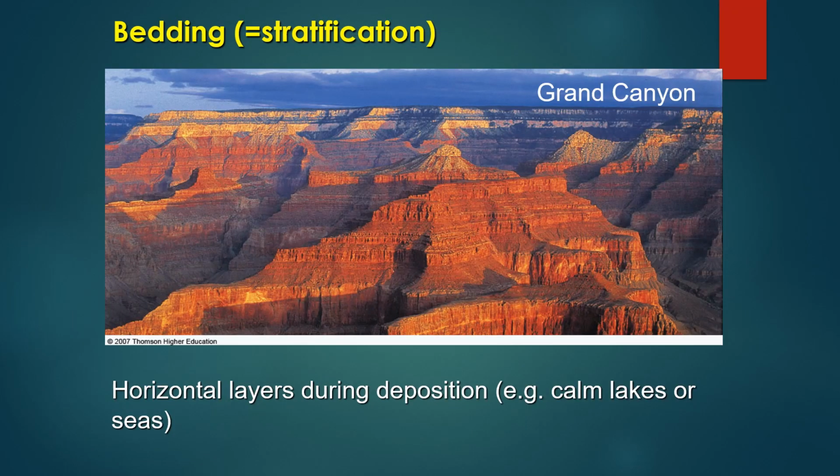Let's talk about beddings first. Bedding, also called stratification, is one of the most common structures of sedimentary rocks. Horizontal beddings can be formed when water is relatively quiet during deposition, such as in a big lake or in the ocean that is far away from the shoreline.